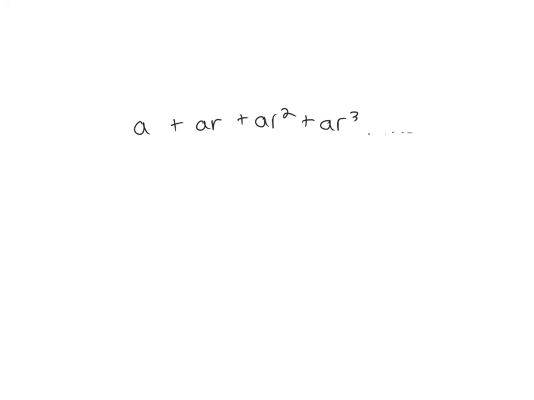So let's say a sub 1 is given as 6, and r is given as negative a half, and I want to find a sub 3, right? In a sub 1, the first value, you aren't dealing with r to the 1 power. R doesn't come until the second term.